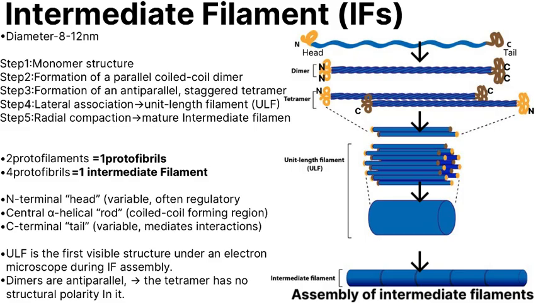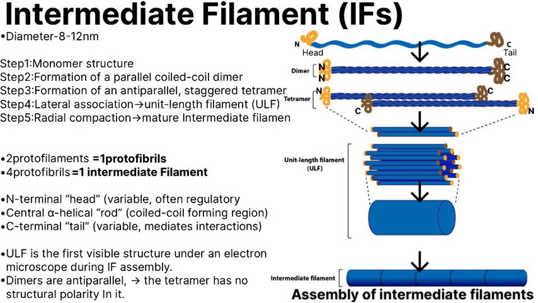Then in the last step, the several ULFs arrange end to end longitudinally, and then the compact radially final 10 nanometer intermediate filament is formed. These filaments rapidly grow in their length, and finally the mature rope-like intermediate filament is formed at the end.